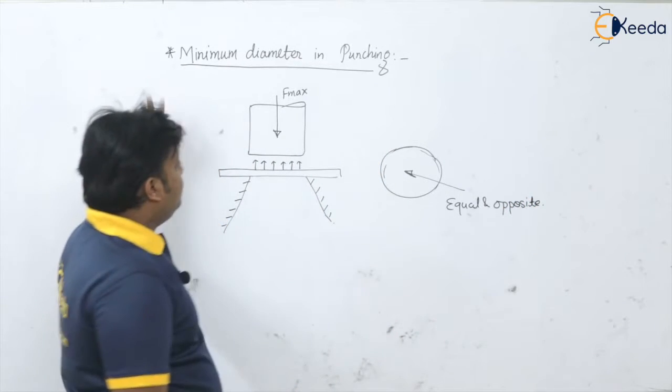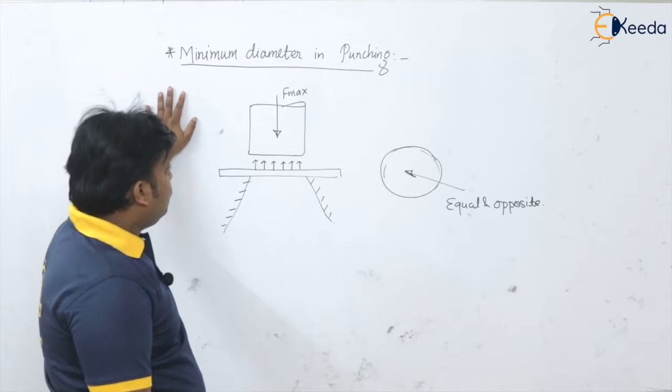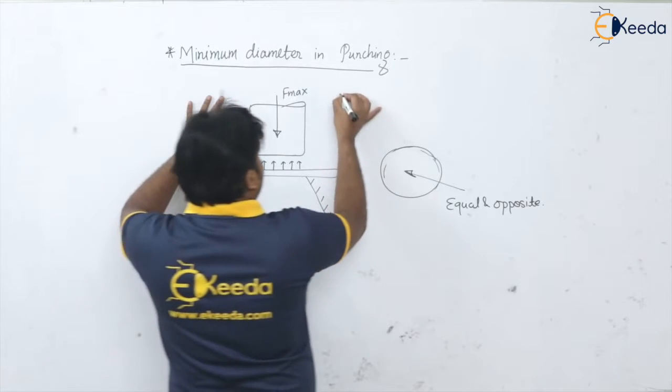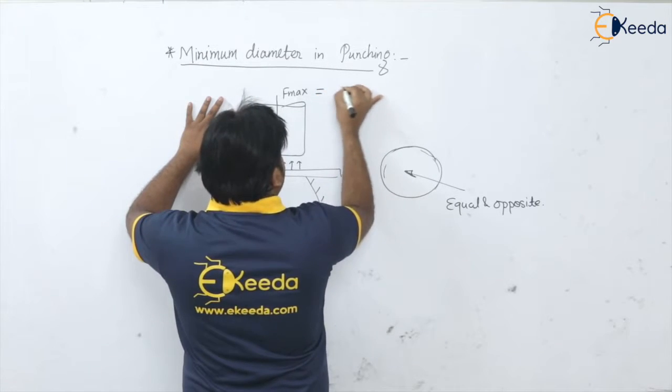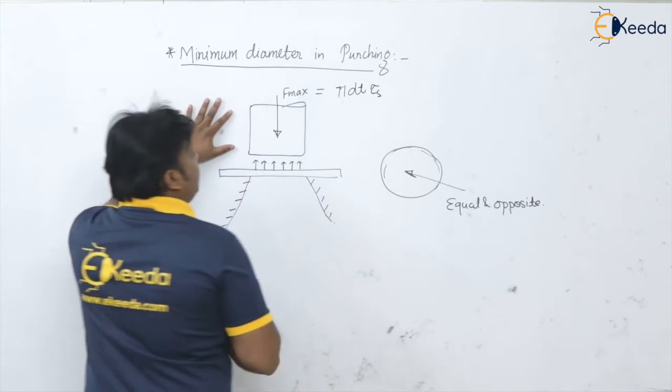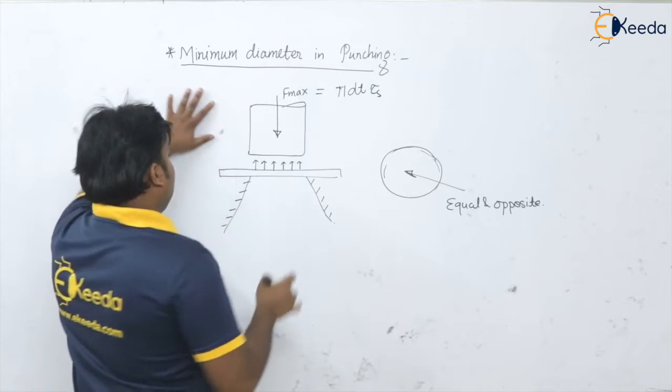Okay, so now you know that the force applied by the punch on the sheet, that is our F max, is equal to what? The pi d t into shear strength of the material, isn't it?